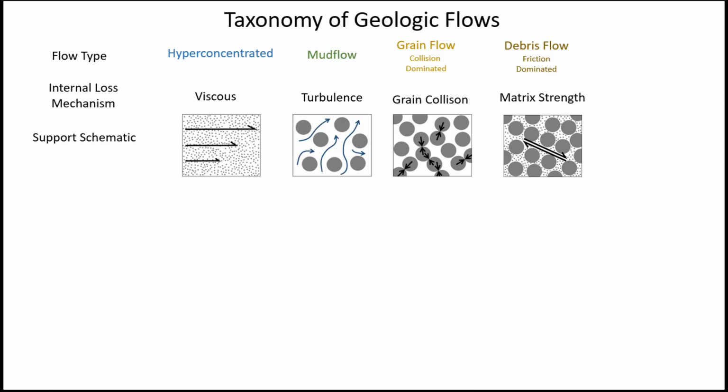A debris flow, by definition in the taxonomy that we follow, not in every taxonomy, is where you have enough sediment that the energy loss is what we call collision dominated. Basically, the particles ramming into each other is the primary way the fluid loses energy. That's what we call a debris flow, or a grain flow in the more technical term.